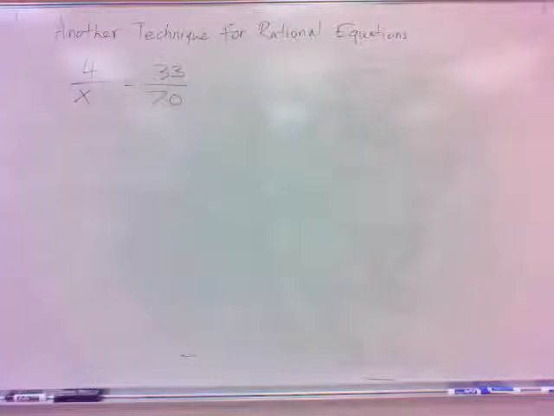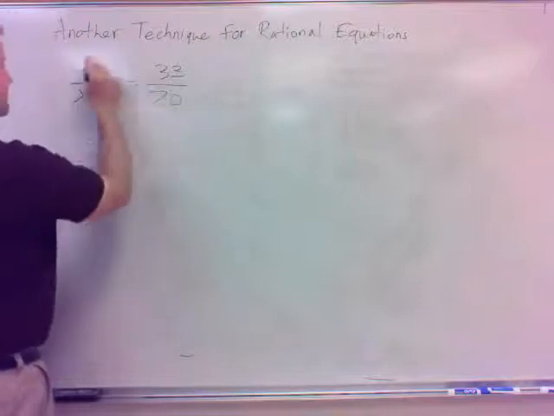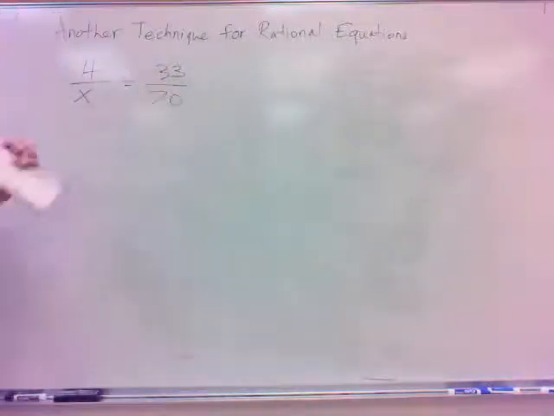I bring this one up because we can use what's known as cross-multiplying on such a one as this. Notice this one's different because on the left I've got one single fraction, and on the right also one single fraction. The previous problems had more than one fraction on one of the sides.